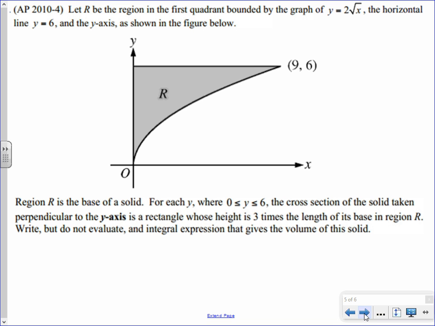Oh, I know what we did. Those two are the same, so you get 3 squared over 4 squared.